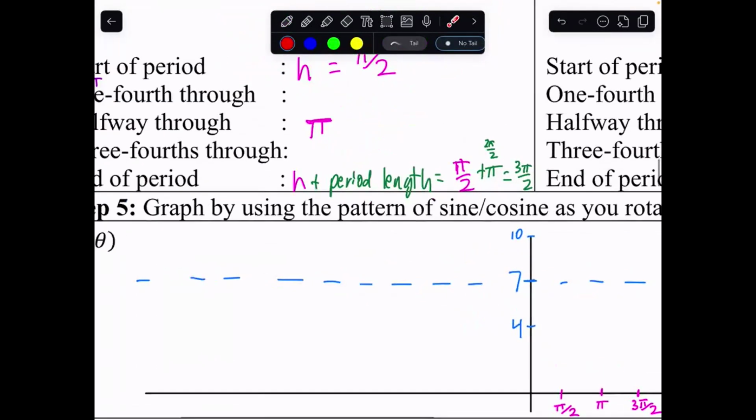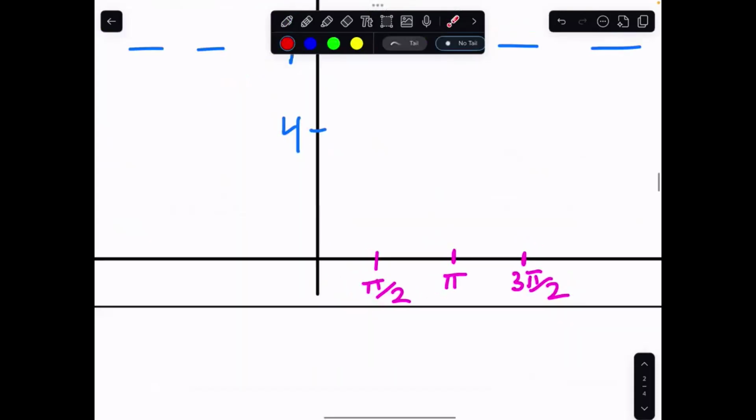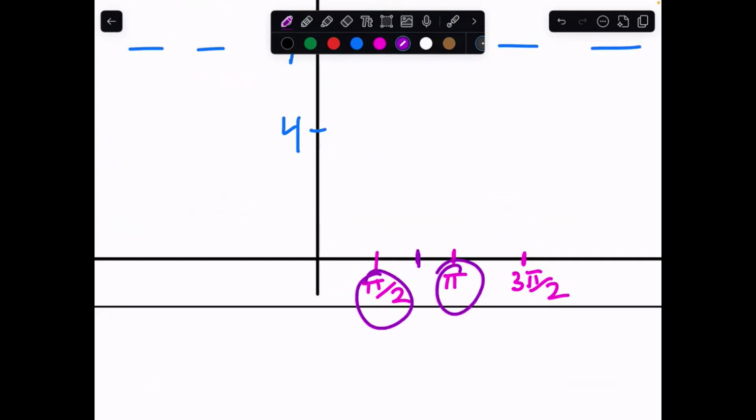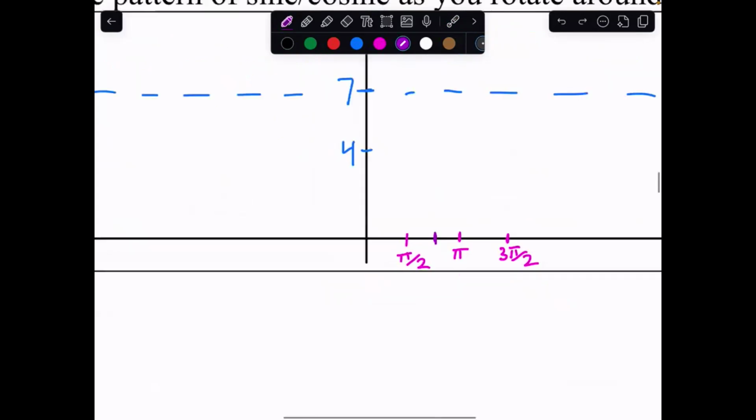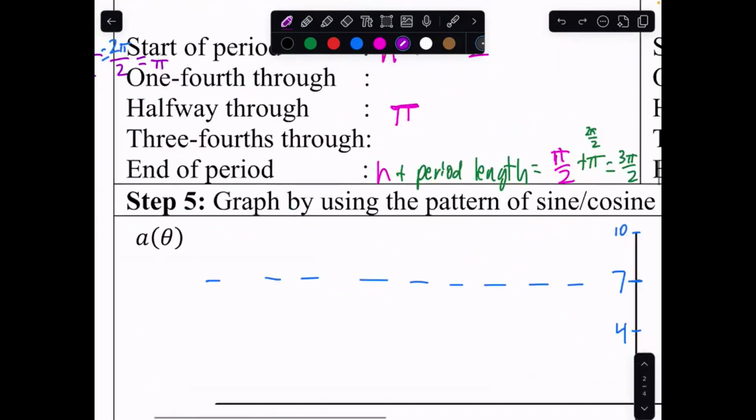Okay, so we now need to split each of these halves in half as well. Okay, so let's start with here. Okay, so this point is halfway between pi over 2 and pi. Okay, so we could do what I did before.